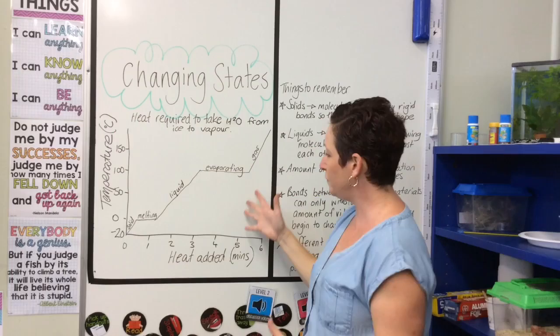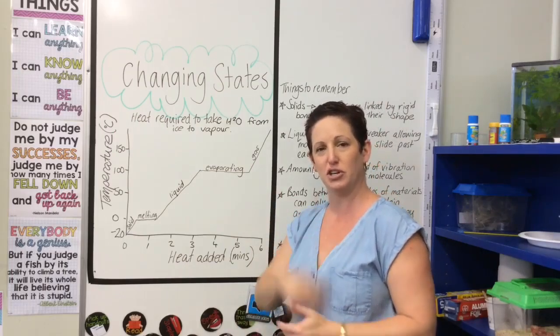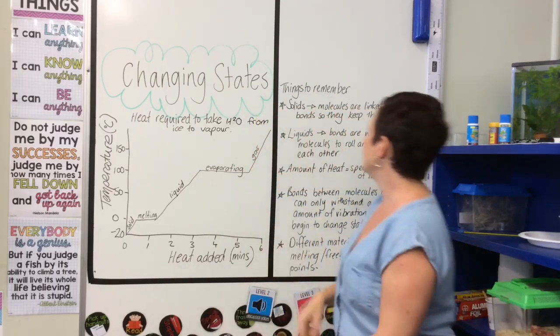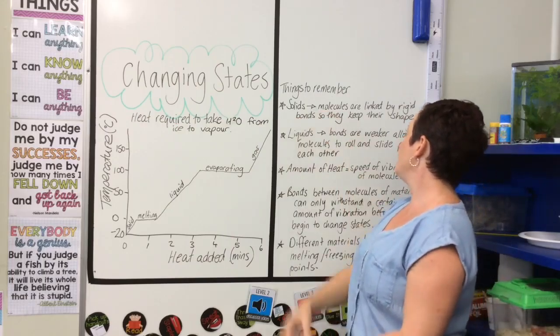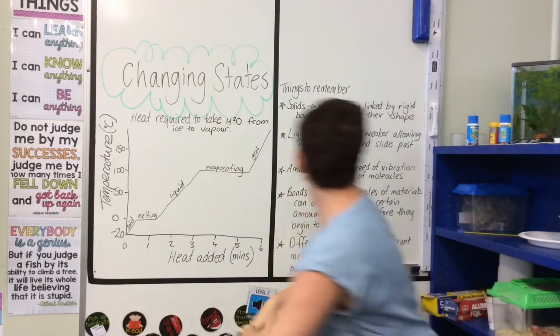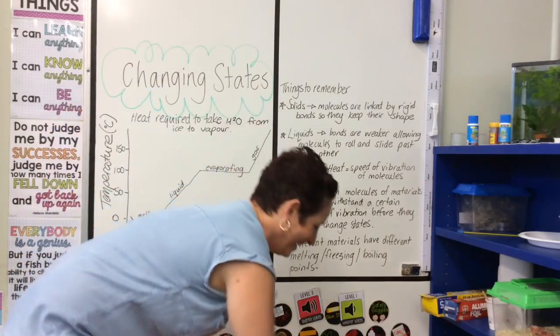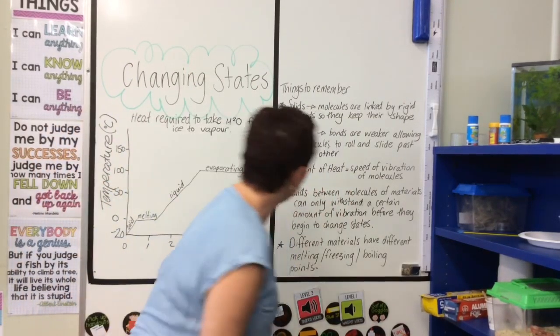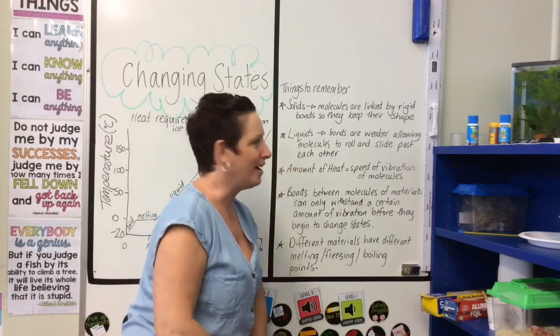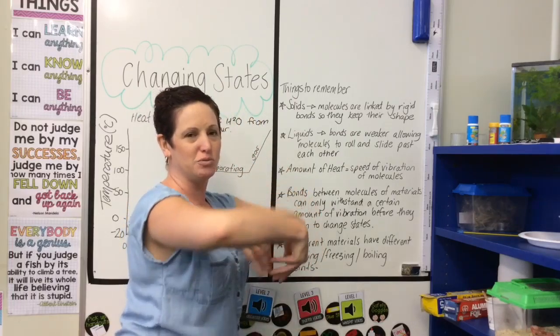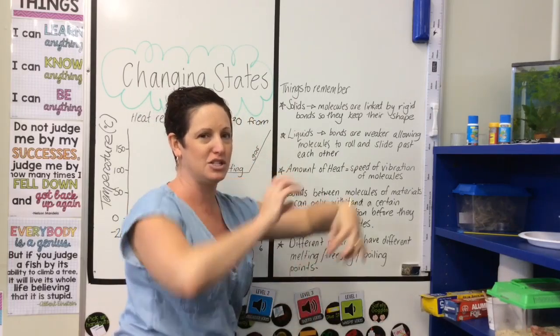So a few things that we need to remember about that before I show you a quick demonstration. Solids have molecules that are linked together with rigid bonds, so they keep their shape. Liquids have weaker bonds, and that allows the molecules to roll and slide around each other.